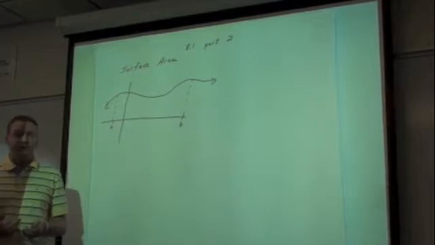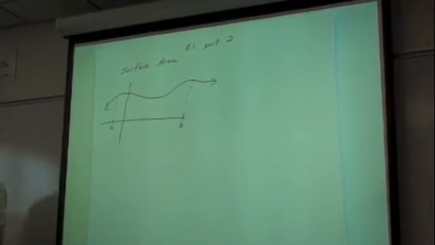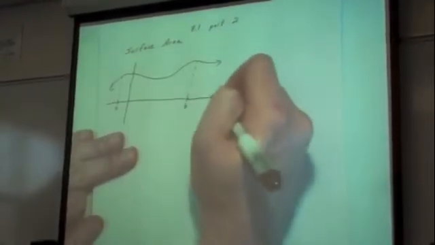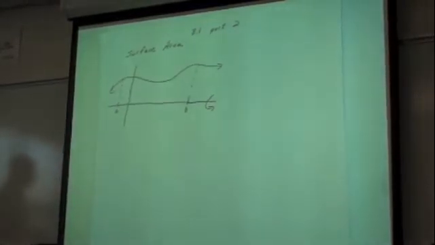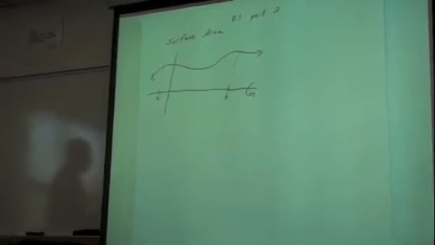Now, what the surface area is going to do, let's say if I want to take this area or this region developed by this curve in the x-axis and I want to rotate it about the x-axis. And I want to find the surface area of the solid of revolution.